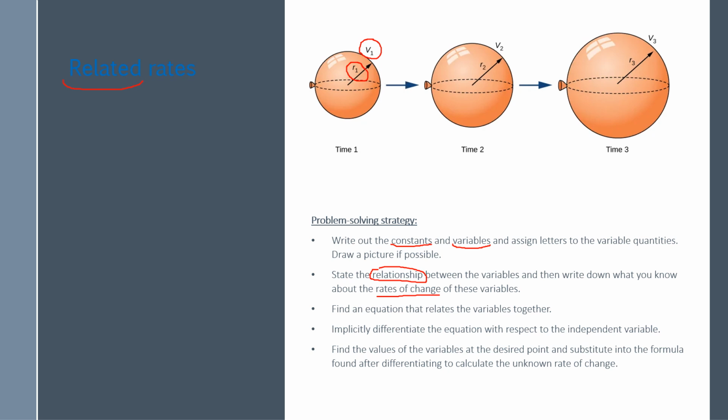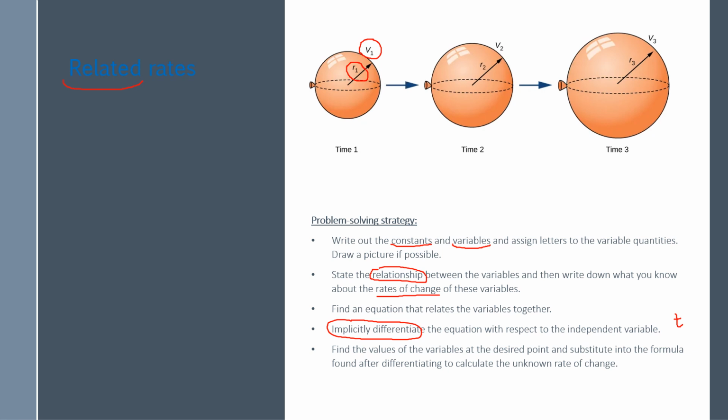And at the next step, we implicitly differentiate the equation with respect to the independent variable. And let me go ahead and emphasize here that in our problems, the independent variable will be time. Okay, so t for time. And then we find the values of the variables at the desired point, substitute into the formula, and compute the unknown rate of change.